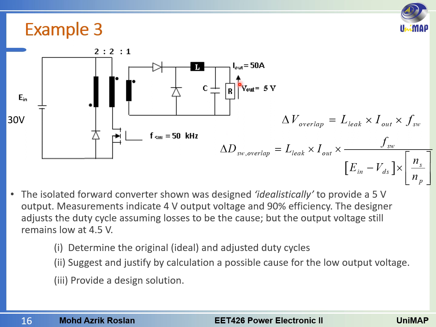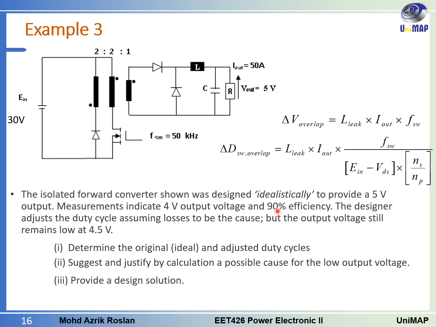So in this question, we measure. The question said that the measurement indicates, so they measure the output voltage at this point. They take the multimeter and put it at this point, and the measurement indicates that it is 4 volts.